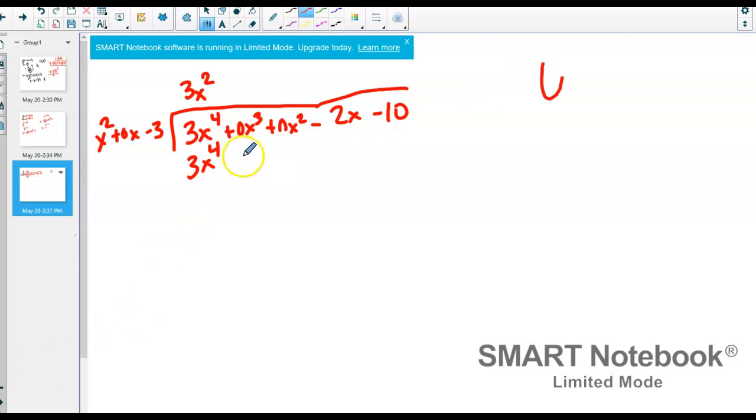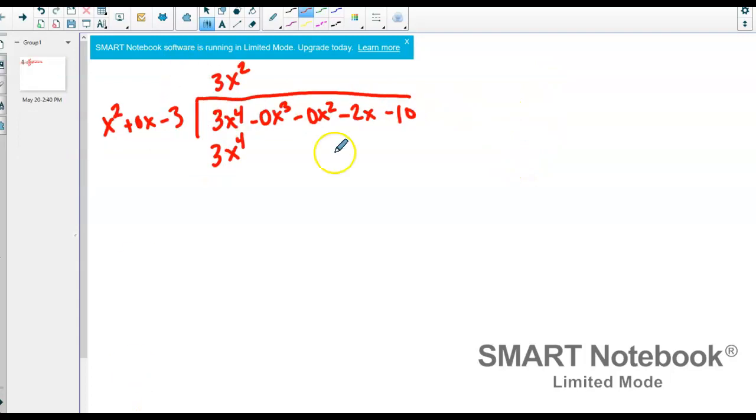Hold up just a second. It just does not want to function here. That's funny. We'll erase that. How about that? Okay, so sorry about that. I think I got that figured out.